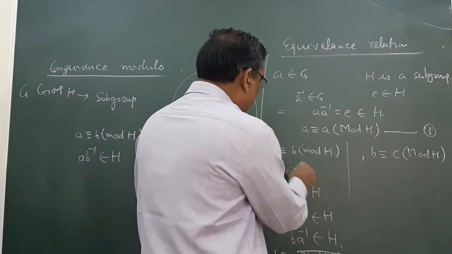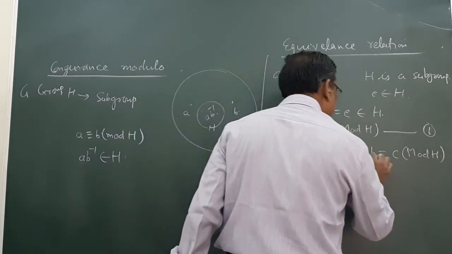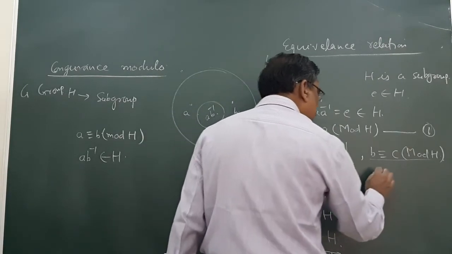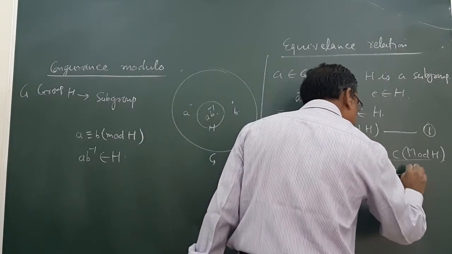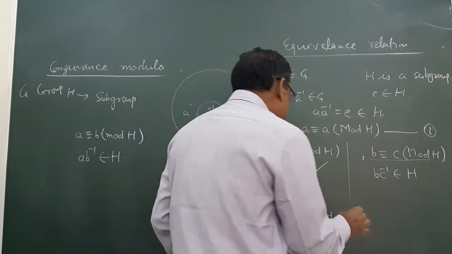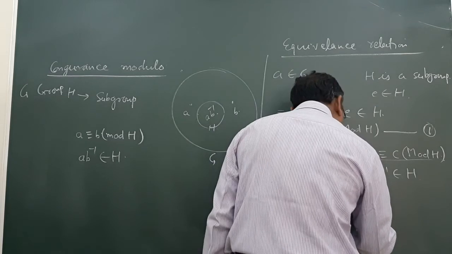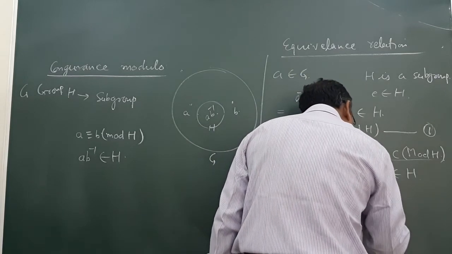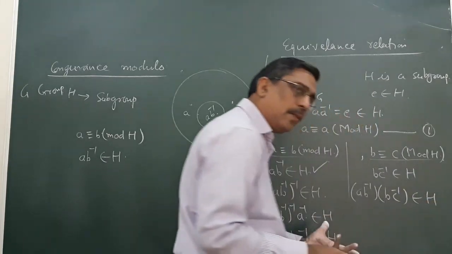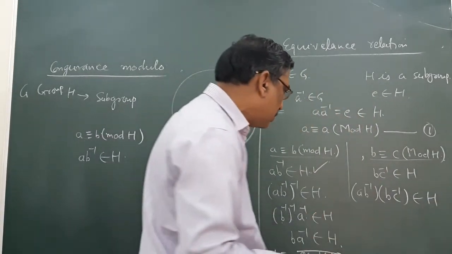Now for transitive, A is congruent to B, B is congruent to C, means AB inverse belongs to H, BC inverse belongs to H. These two are elements of H, so with the help of closure property, AB inverse times BC inverse belongs to H. H is a subgroup, so closure property holds good.